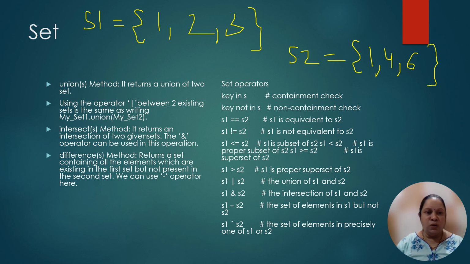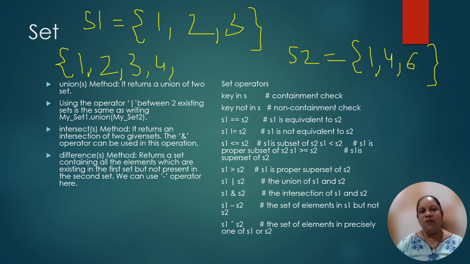Now, if I use these three methods, say S1 dot union S2, what do I get? All the elements from S1 and S2 will be the result, and the values which are common in both will occur only once. So it is going to return me a set which has got values 1, 2, 3, 4, 6.